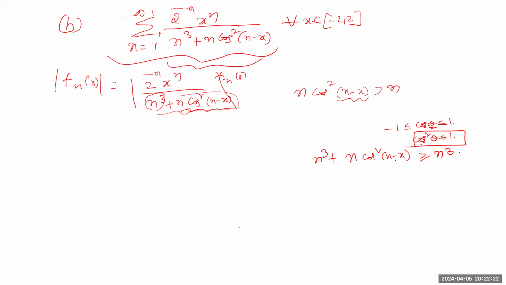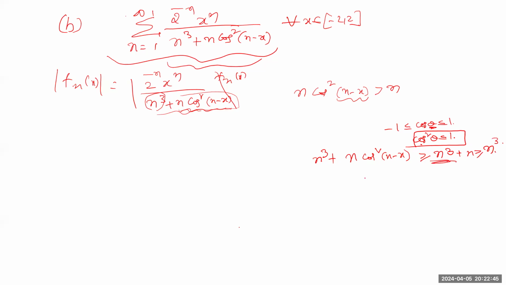So n cube plus n cos square (n plus x) is at least n cube.